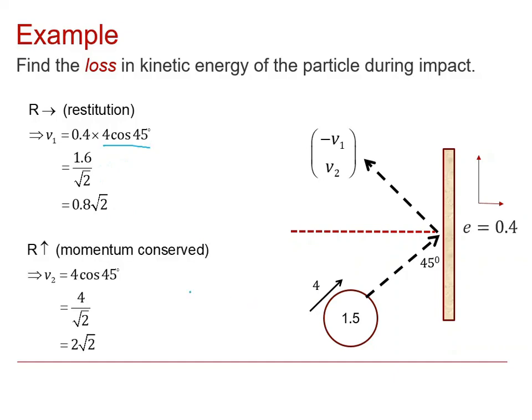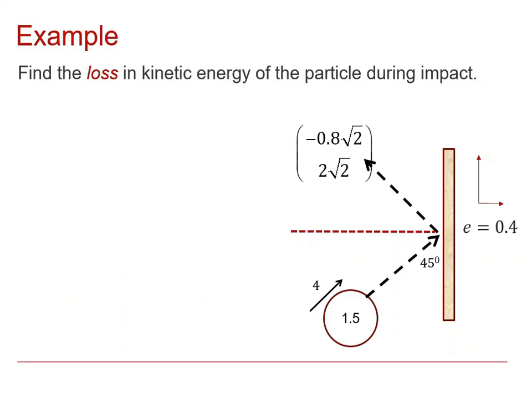Along the wall, momentum's conserved, so we simply need to work out the component parallel to the wall, that is 4 cos 45, and that will be the same afterwards, hence V2. So we're going to take those two numbers, the 0.8 root 2 and the 2 root 2, into the picture on the following page. There we are. So now we know the setup, we know the speed to start with, it's 4.